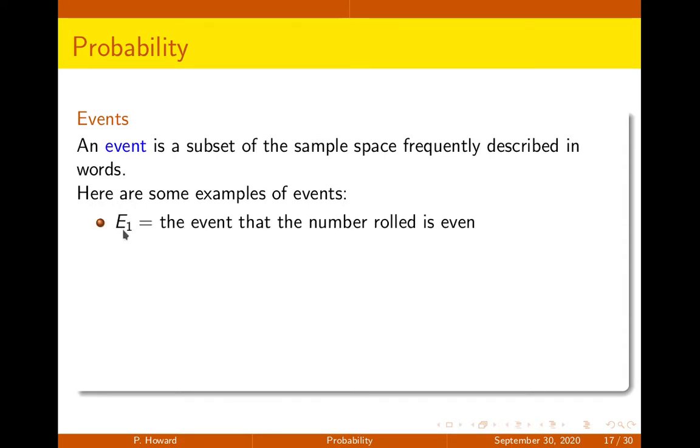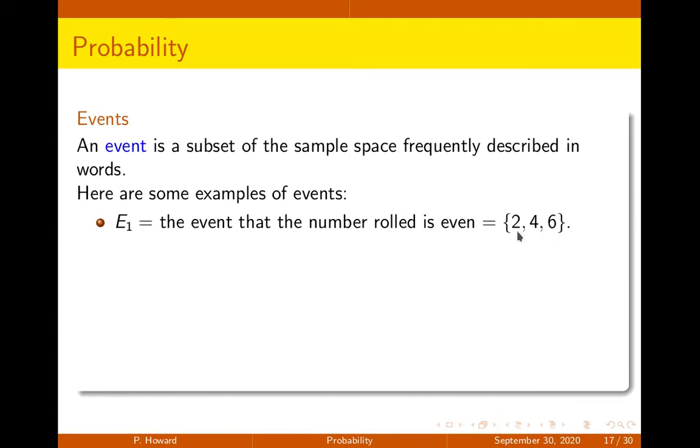I'm going to let E sub 1 be the event that the number rolled is an even number. If I wrote that using the set notation, it would be the set 2, 4, and 6.